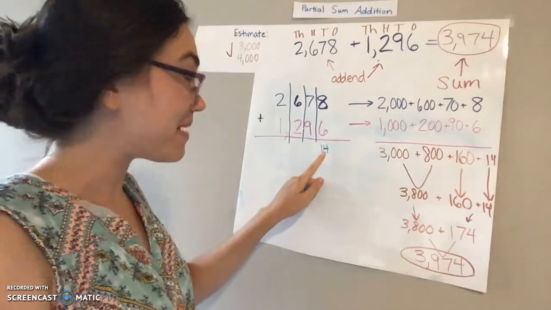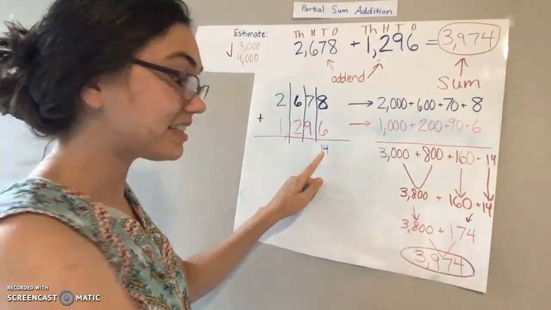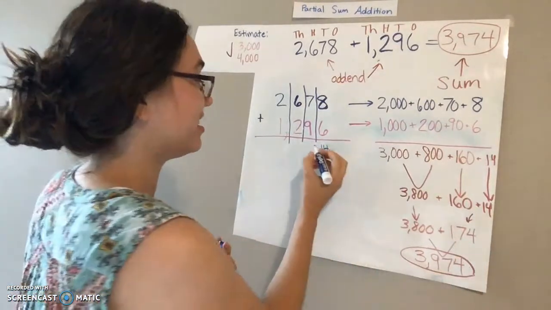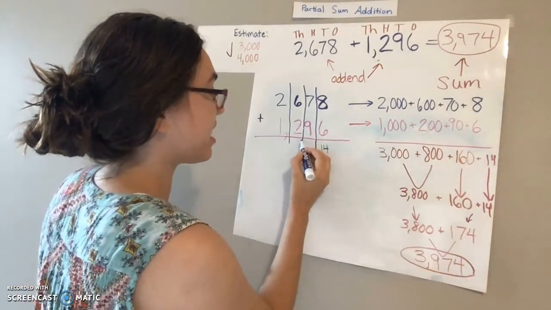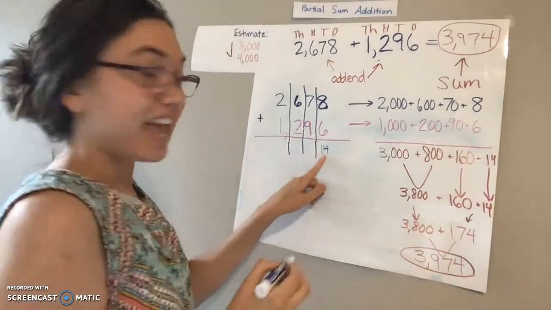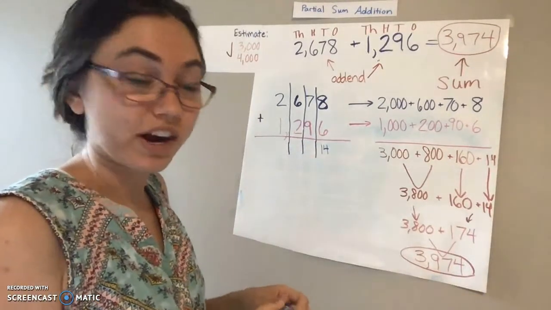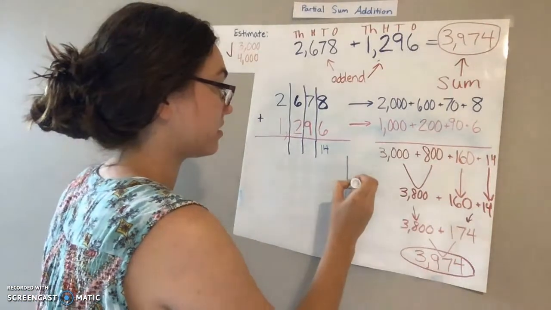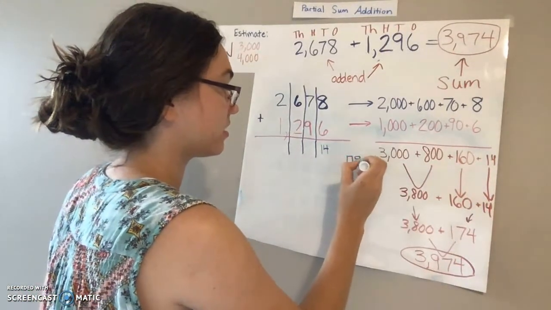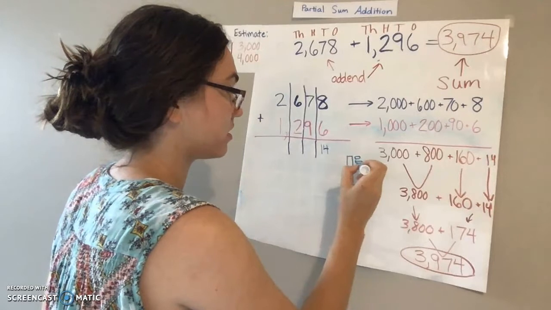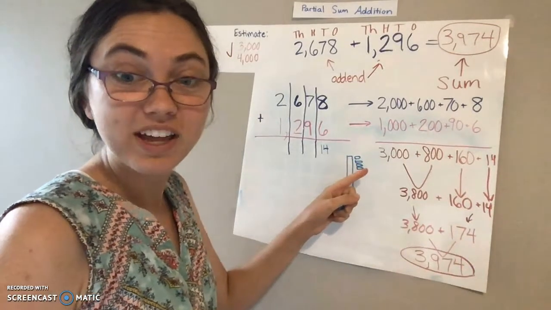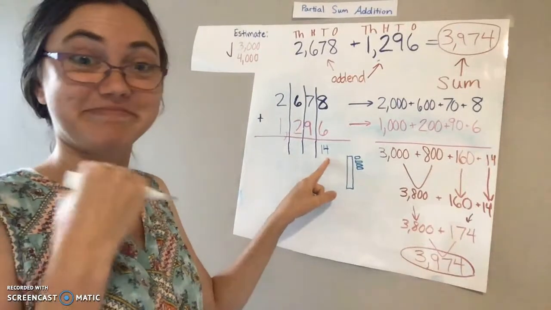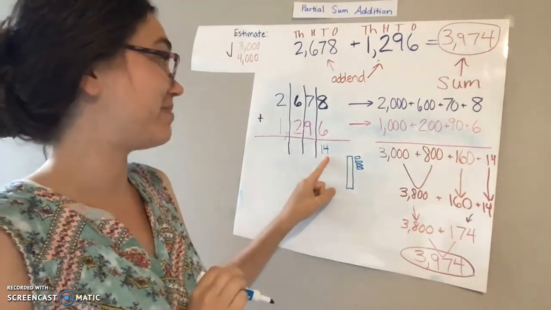There cannot be two digits in just one area, in one square. So remember, we have these columns. And I just wrote a 1 and a 4 to represent a 10 and 4 ones, 14. But I can't have two numbers there. Not with the standard algorithm.